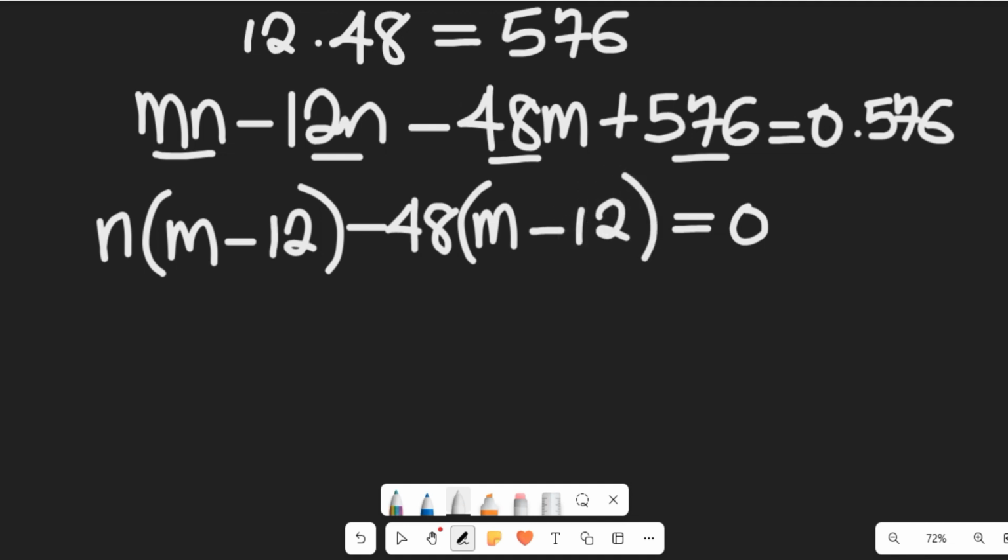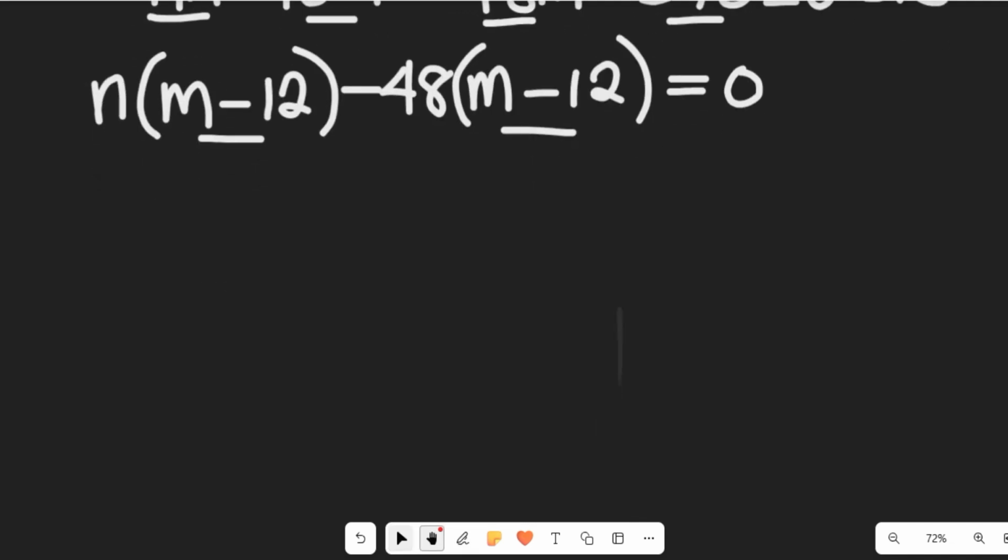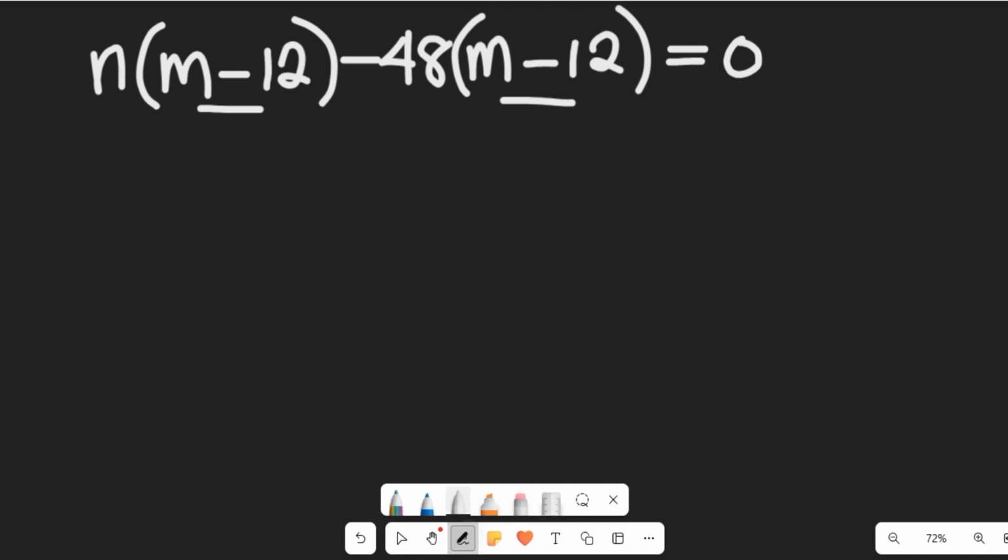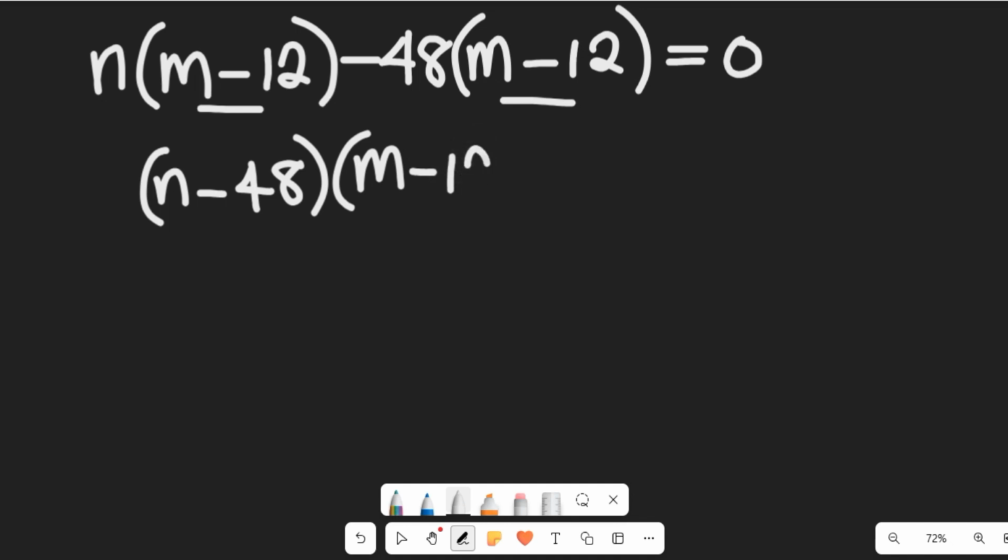So you see, we get two common terms, this and this. So what we do next is to bring out the common term. This gives us n minus 48, and then m minus 12, and all of this is equal to 0.